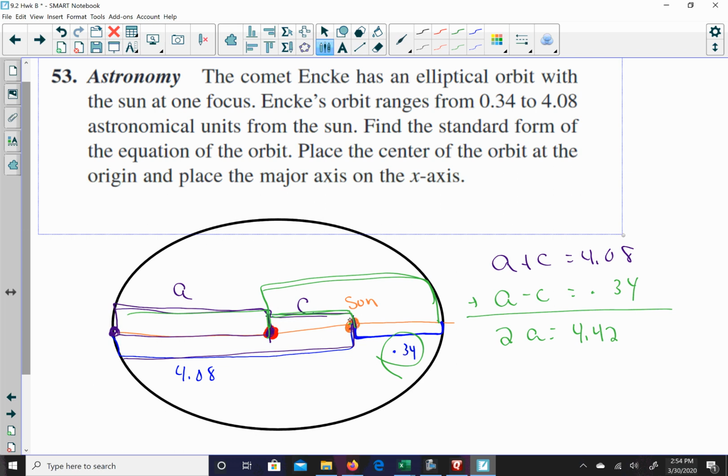So the sun is covering the whole distance from one vertex to one vertex. Then these two distances together are covering the distance from one vertex to the other. Well, this is A and this is A. So 2A should equal the distance between those two vertices. So A ends up equaling 2.21.